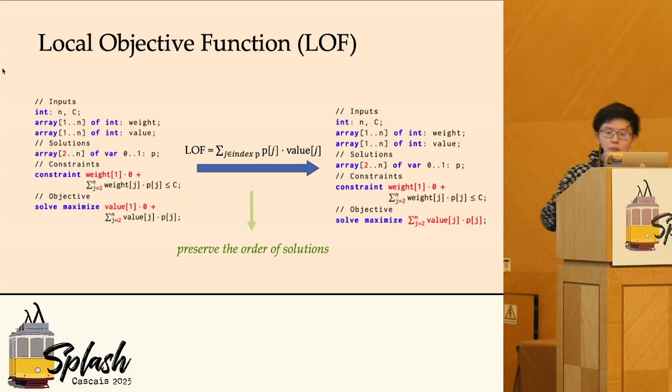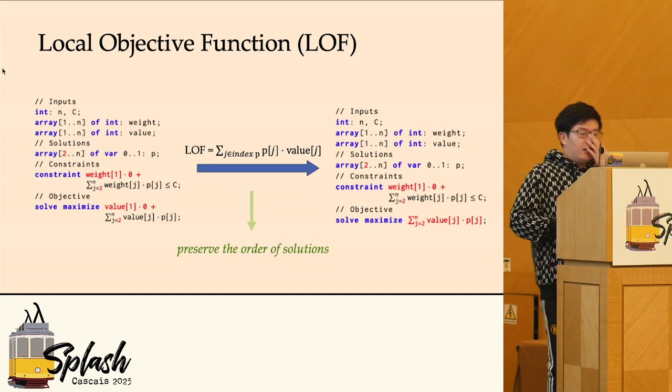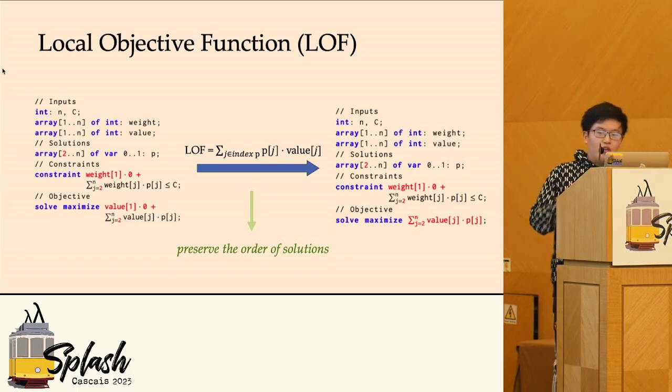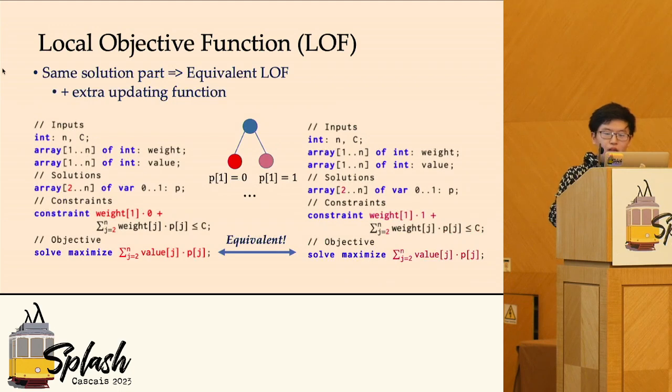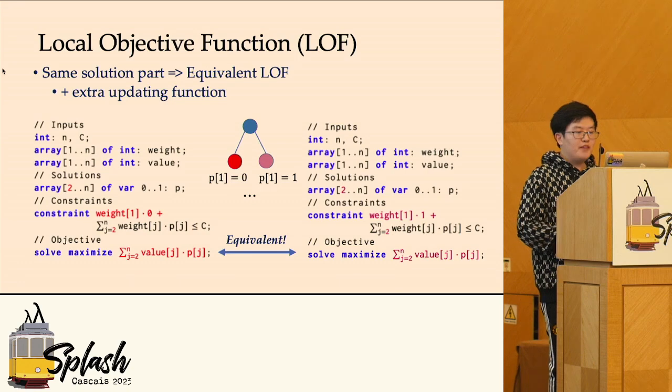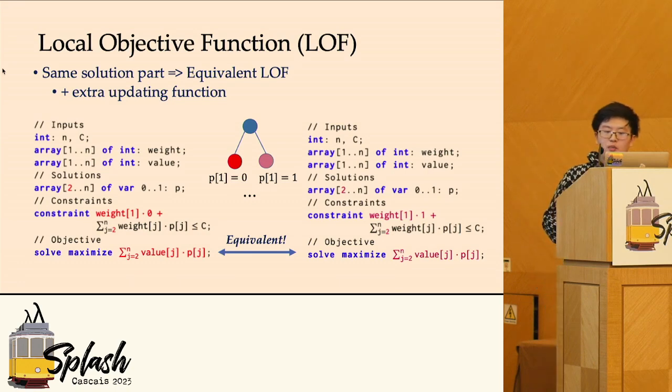And we need to make sure that the replacement does not affect the answer, and it preserves the order of the solutions. After applying the LOF, the objective function of each subproblem becomes independent with the enumerated variables. So as long as two subproblems have the same solution part, they share equivalent objective function.